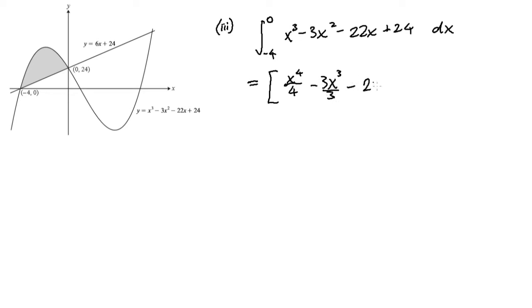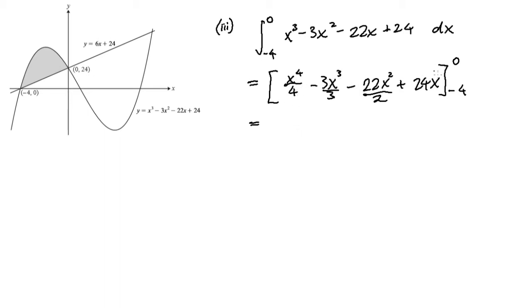Take 22x squared divided by 2, add 24x to the 1 divided by 1, and the c doesn't really matter because we have boundary conditions, and so the c will cancel out itself. So that should be the area that we are looking for, plus this triangle.